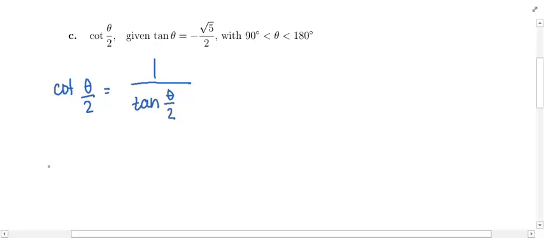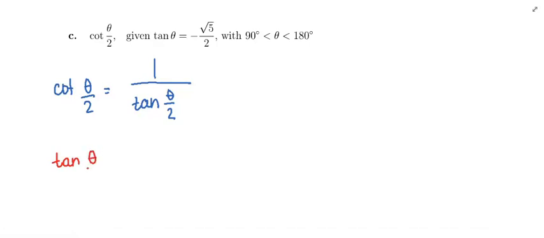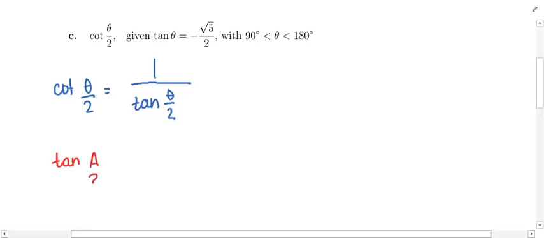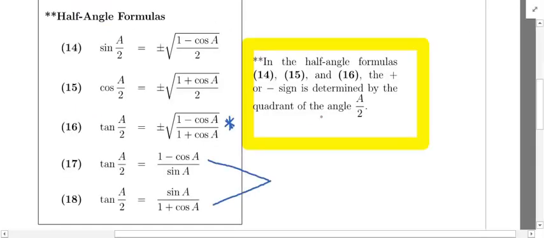So I am going to write down a half angle formula for tangent. Tangent of A over 2 is equal to what? Well, we have to pick from among the three different formulas. Looking at 16, 17, and 18, we need to use either 17 or 18 because those two are easier to work with.